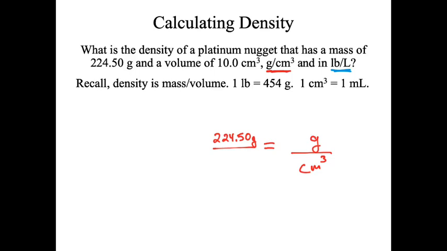We heard two answers. One suggestion was to put 10 centimeters cubed in the denominator, and I would argue no. What you should put in the denominator is 1, because what I'm trying to input here is a true value. The true value given to me was 224.50 grams, the mass of the block.